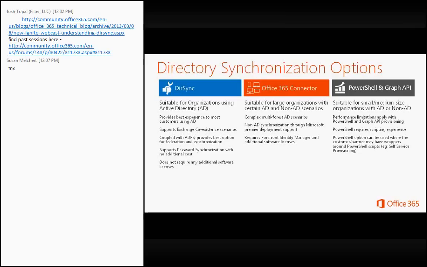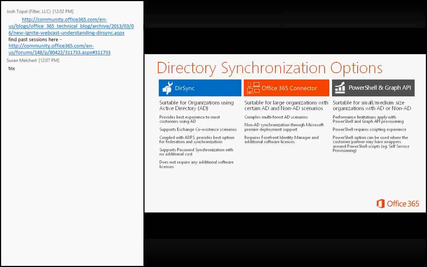We've also got in the middle the Office 365 connector. So this is a more complex configuration of directory sync, and is currently only available through MCS, Microsoft Consultancy Services engagements, or through certain partners, in order to be able to deploy this version of directory sync.